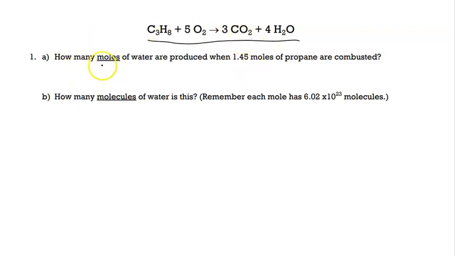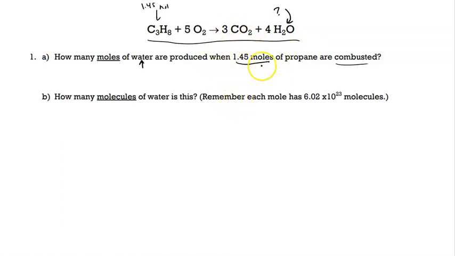So in question number 1, it says how many moles of water are produced when 1.45 moles of propane are combusting. Again, we're assuming there's plenty of oxygen present to actually burn up all 1.45 moles.